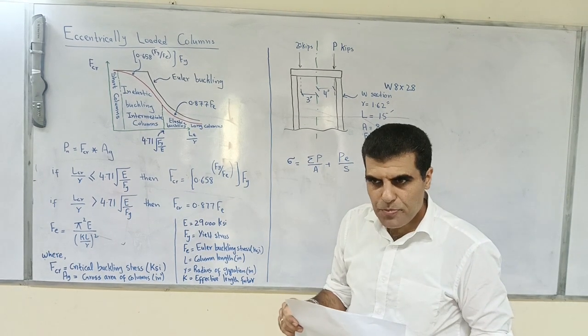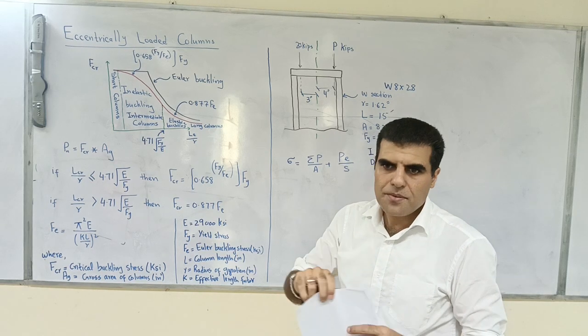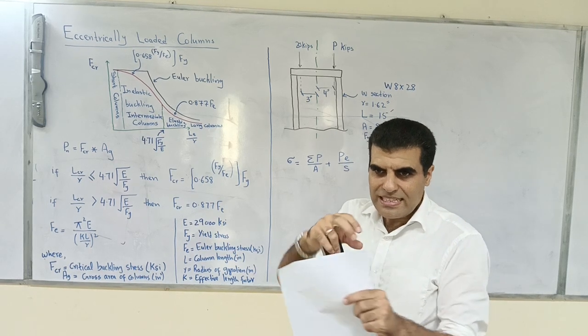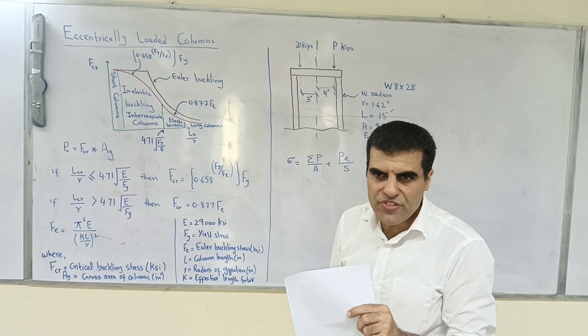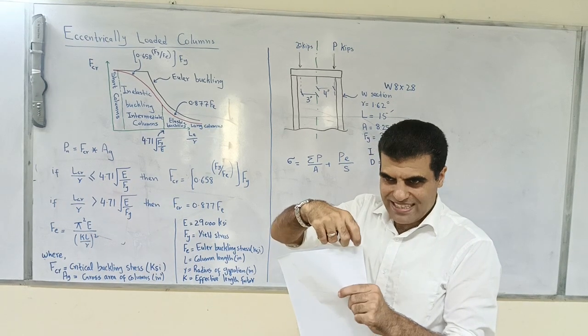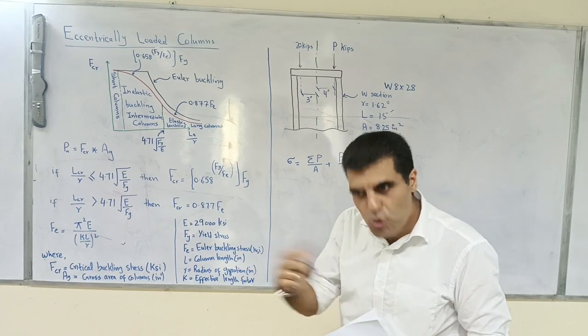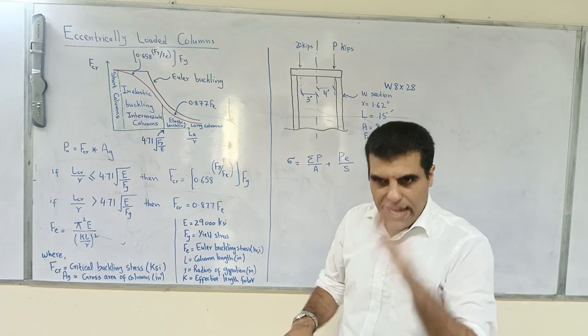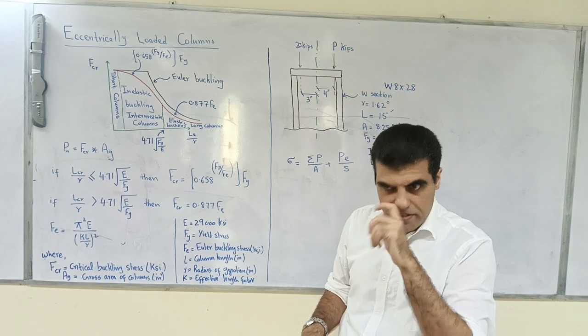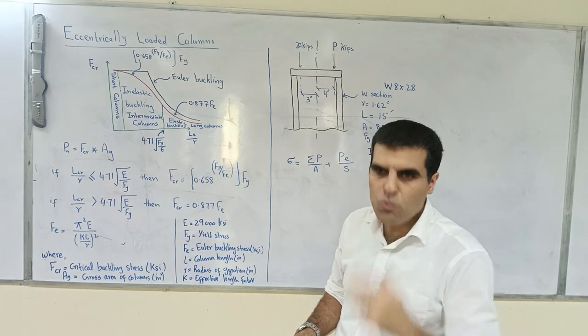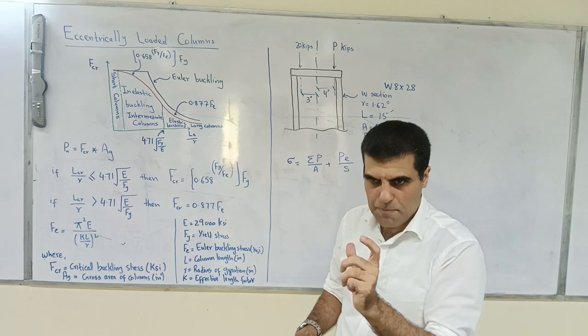What is the reason? The reason is the second dimension, which is the width. Area is made up of two dimensions. One you call width, one you call depth.